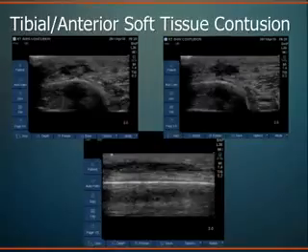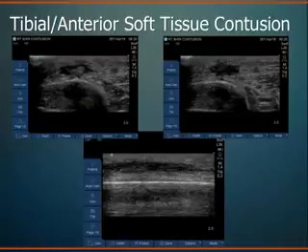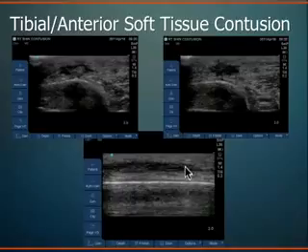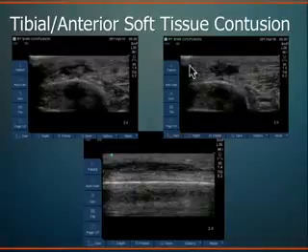This was a baseball player a couple weeks ago, who got hit in the shin with a baseball, a classic tibial contusion. Not necessarily something you would typically image clinically, but just a good example of what you can see on ultrasound. So I imaged it, and what you see here is a short axis view of the tibia, and a long axis view of the tibia through here, and you can see the superficial subcutaneous collection of fluid from the hematoma from tissue disruption, and here you can actually see a little bit of tissue debris.